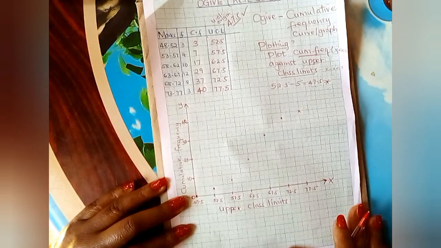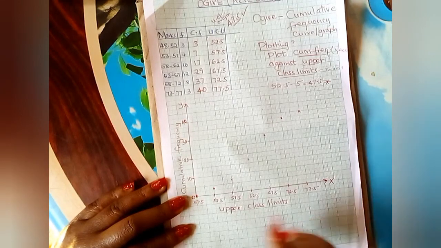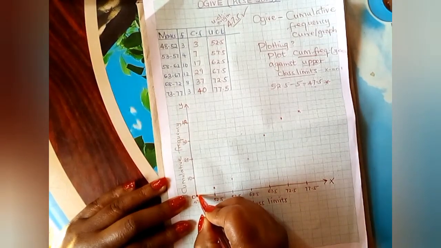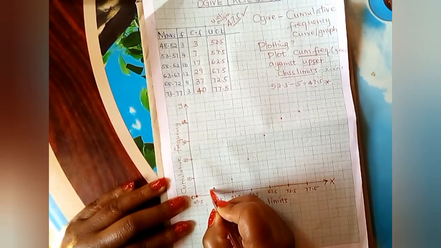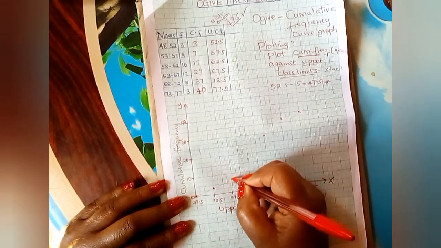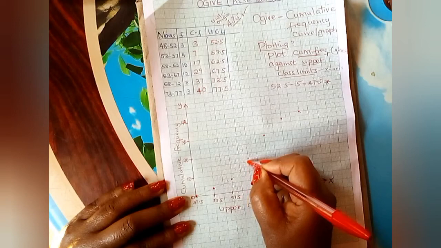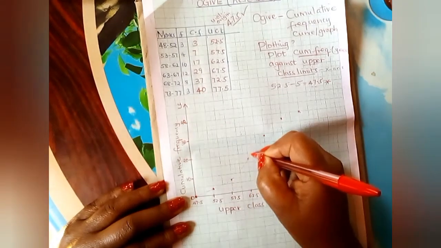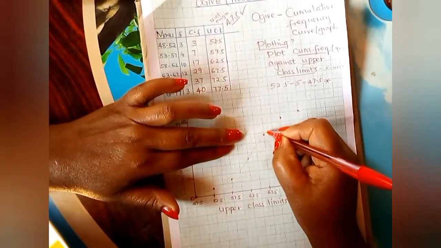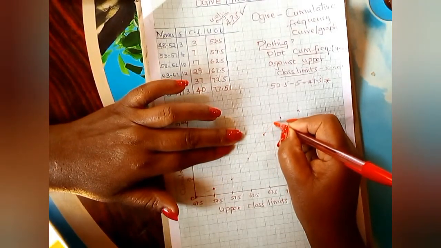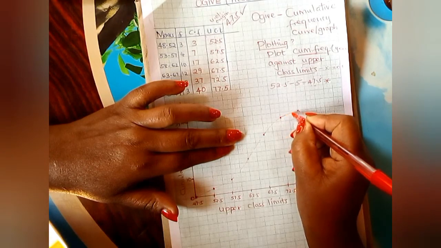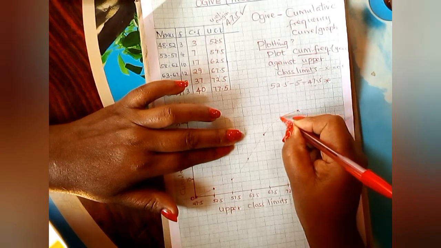So, Lana, the next thing now is to join these points using freehand. Freehand, Lana, you join so that you get your curve. Get your curve like that. You continue, trace it nicely so that it looks like a smooth curve. Try to do your best to get a smooth curve, Lana.